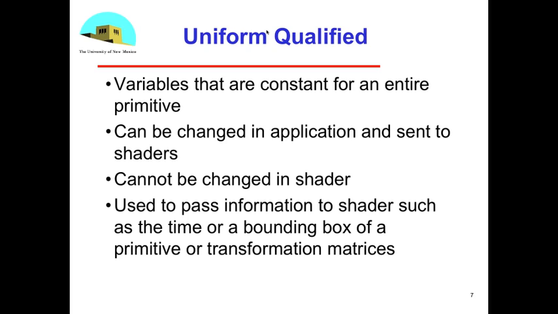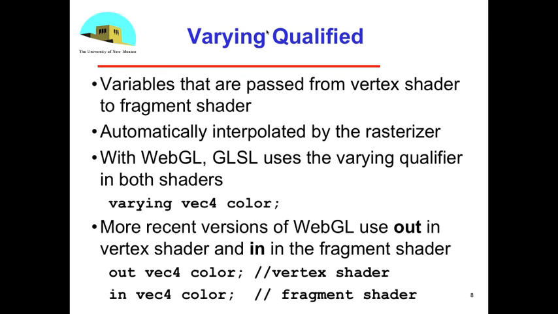The third kind is called a varying qualified variable, and it seems a little weird to call something a varying variable. That's been deprecated by in and out, but the idea is this, that you set something within a vertex shader, it then goes to the rasterizer and it's interpolated.